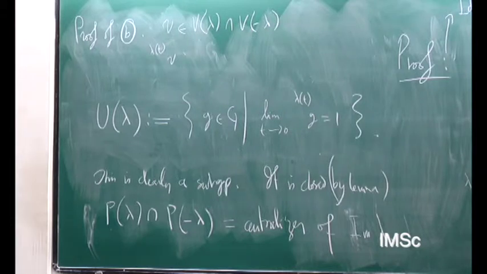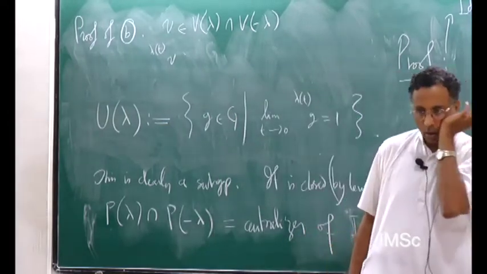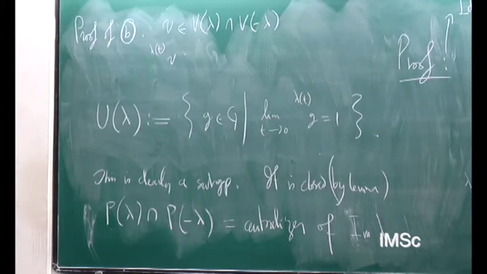So let's see how to show that lambda of t of V is equal to V.